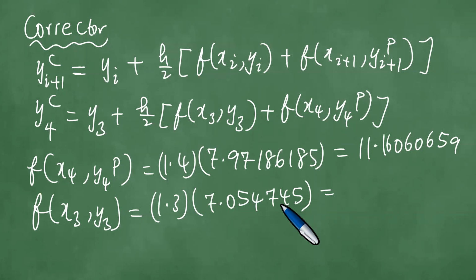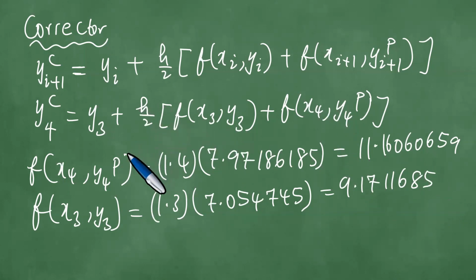Okay, so what is the answer here? 1.3 times 7.054745, and this is the same as 9.1711685. So we got this one, which is here.